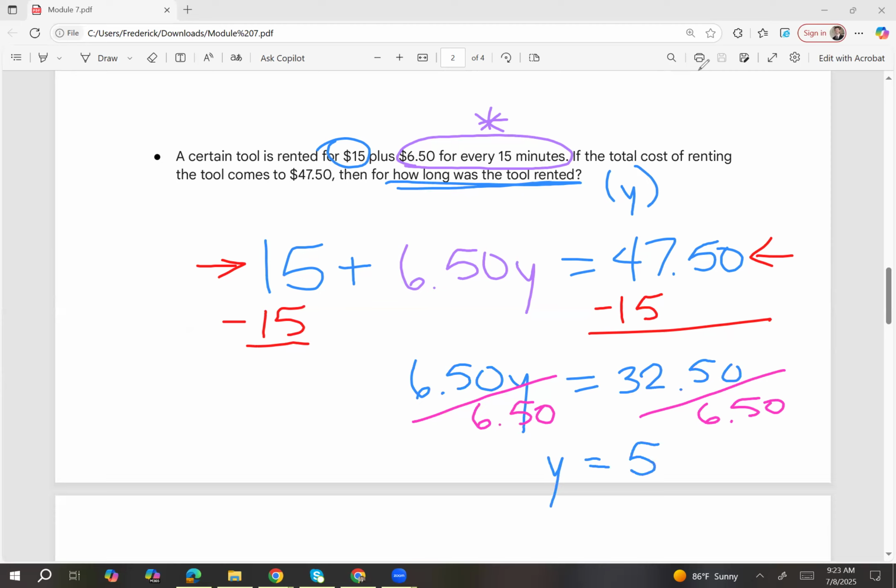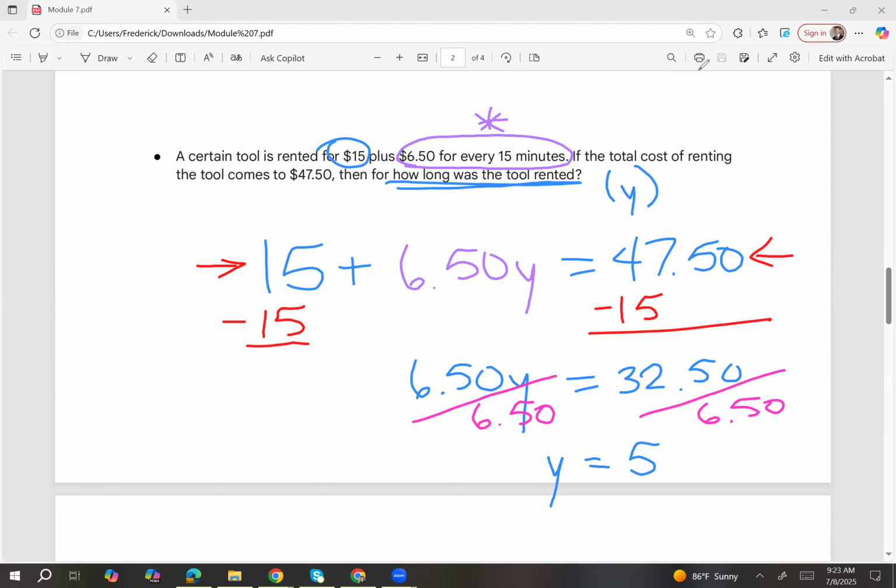Now remember what I said earlier. With the way we have written it, we have found that there were 5 intervals of 15 minutes. 5 times $6.50. That's every 15 minutes we're paying that amount. So that 5 in conjunction with 15 minutes is needed to figure out the total of how long.